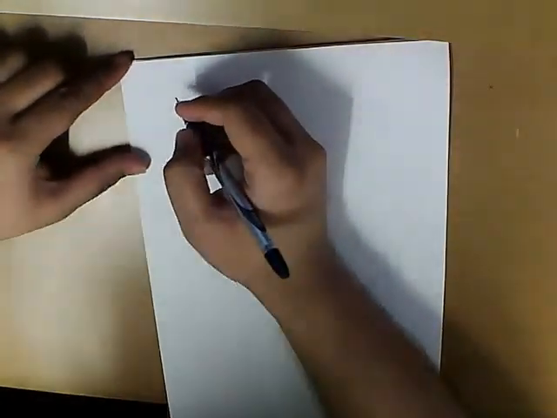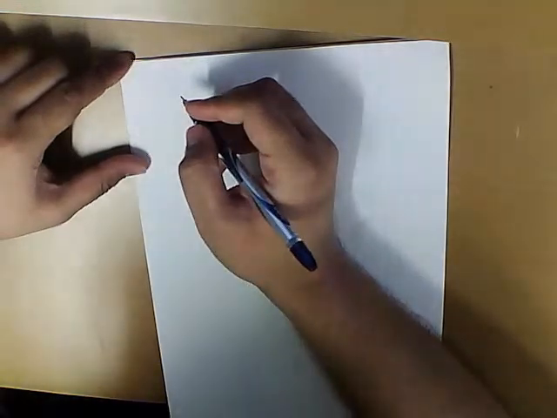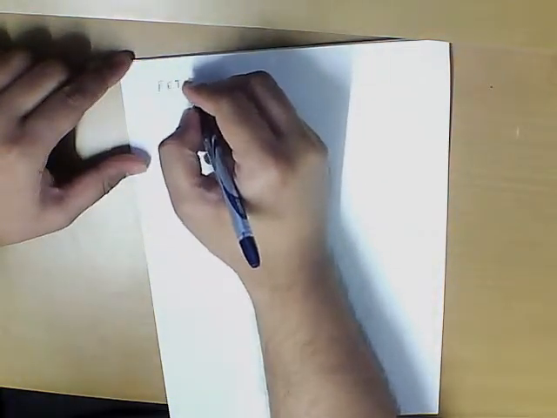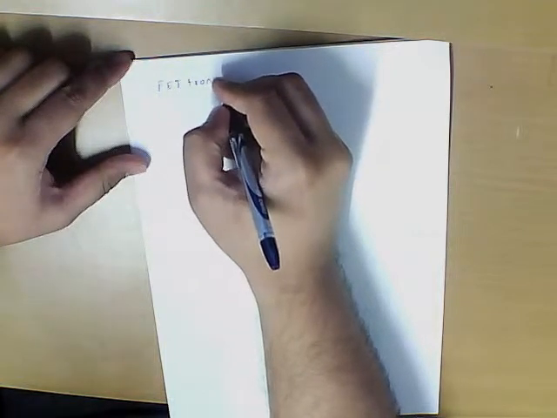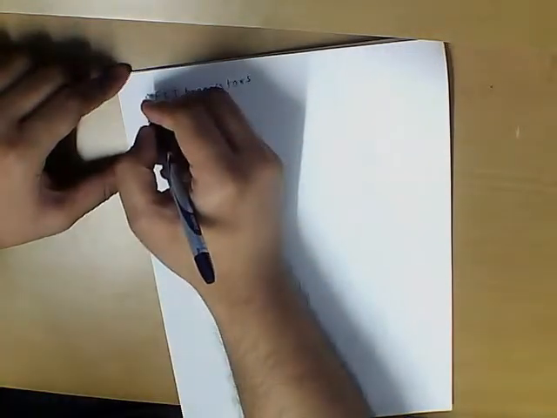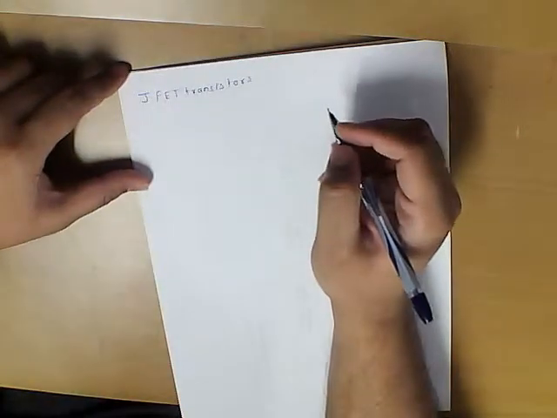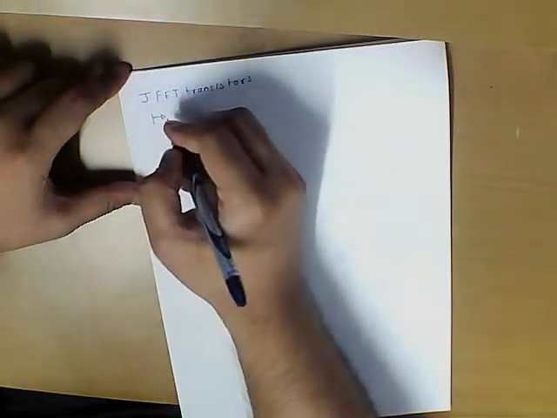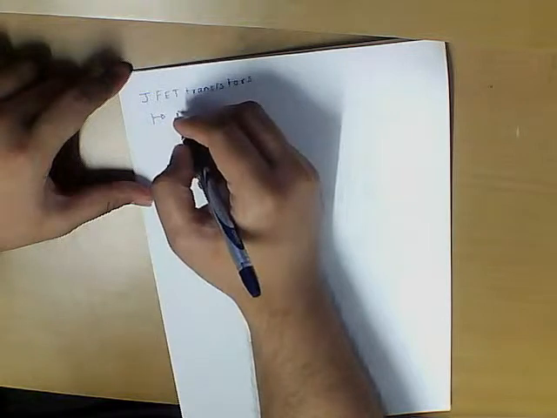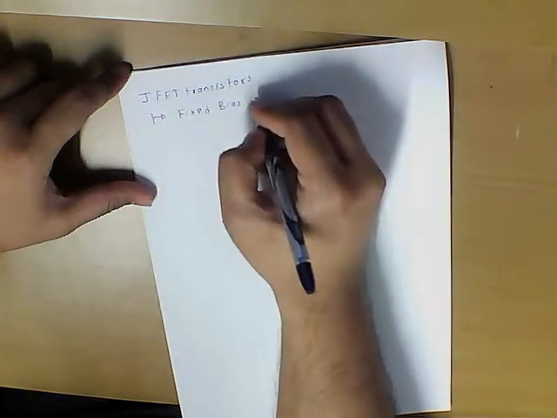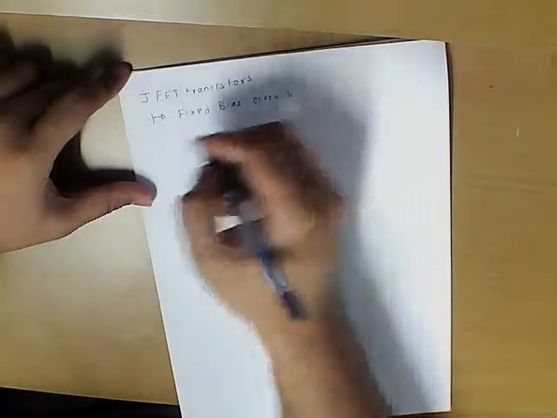So, when we look at field effect transistors, for the moment we are looking at junction field effect transistors. So I write JFET, and in that we have something called the fixed bias circuit.